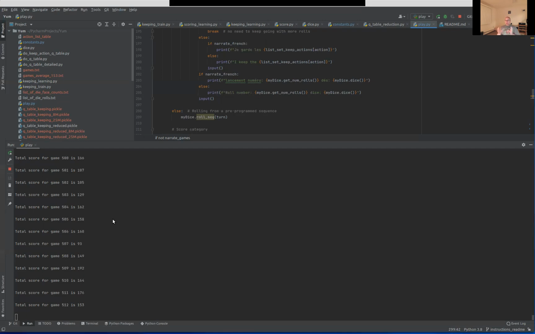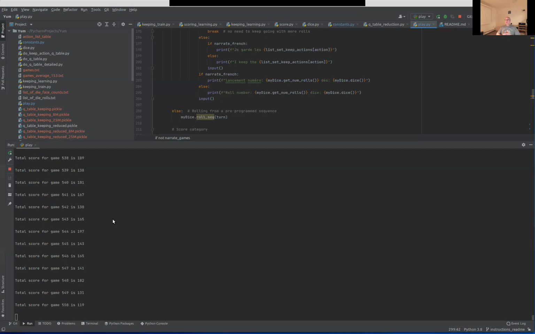It's going to look at what dice are there, and look up where it's at in the game, in the sense of what categories have been scored, and it's going to decide which dice to keep. And at the end of the turn, there's another Q table that takes over, and which is going to score the category.